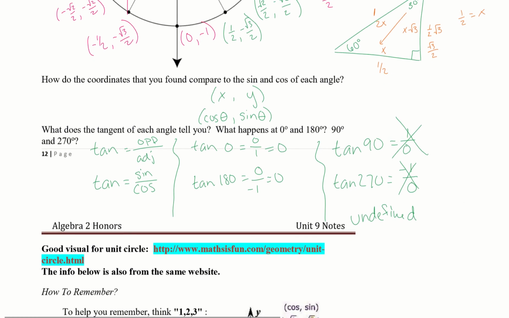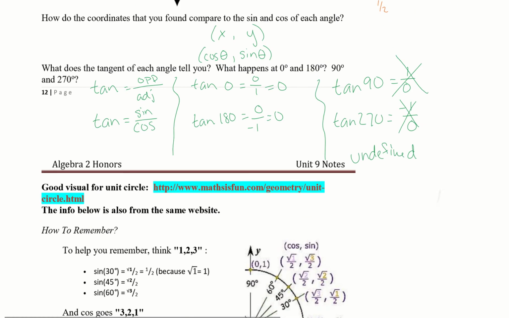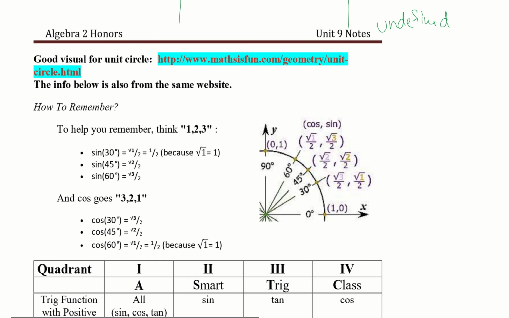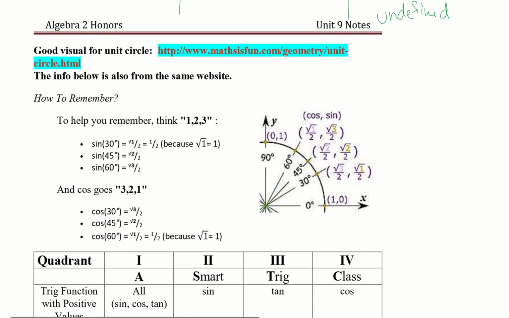All right, so let's go ahead and move on to the next page. If you want to go ahead and visit this, that's a good visual for the unit circle. Let's talk about this information here. It'll be the same as you see on the website. So a good way to remember these, because yes, that was a lot of numbers that we just worked with.